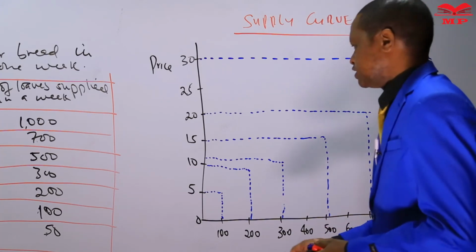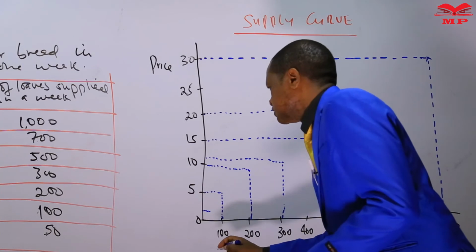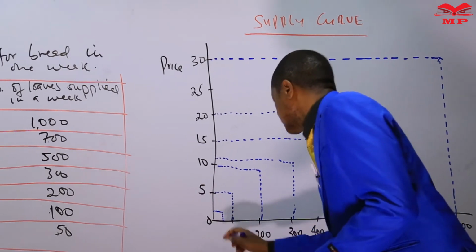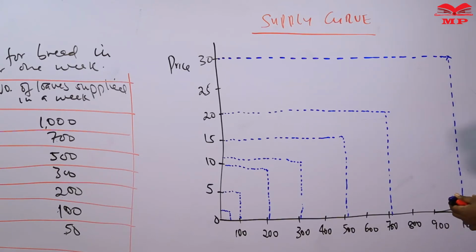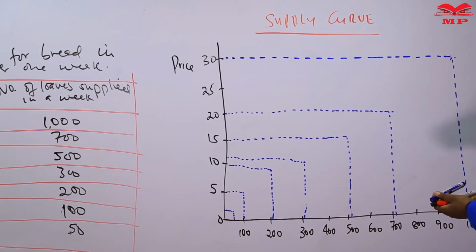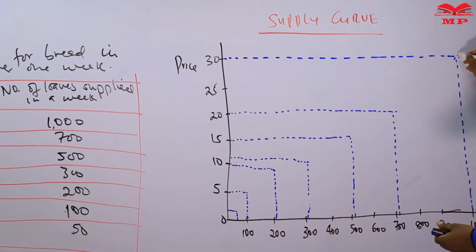And at 1 shilling here, 50 loaves are supplied. So these are the points. The first point, coordinate, is at that point.